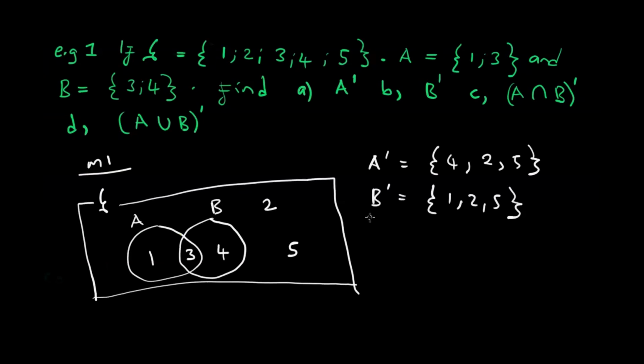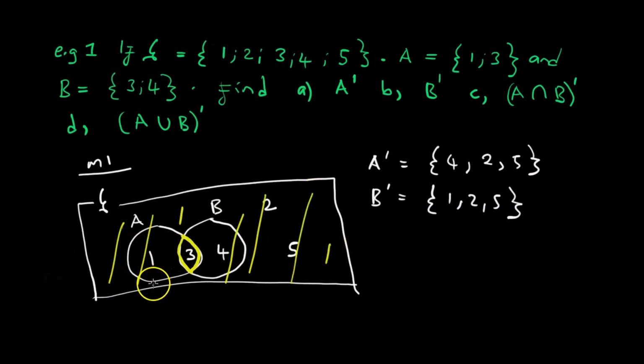Method yekushandisa Venn diagram inozonyanyisa kushanda kana tapanapa pekuti pakanzi ipo A intersection B complement. Saka A intersection B complement tinofanirwa kutanga taziva kuti A intersection B ndeipi, ndepanapa muna 3 muno. Saka A intersection B complement kureva kunze kwese kunoko.